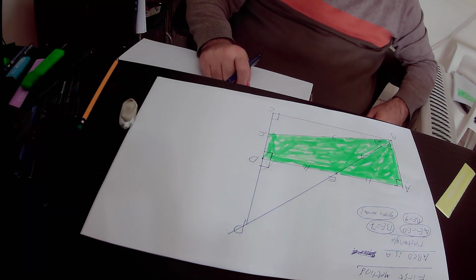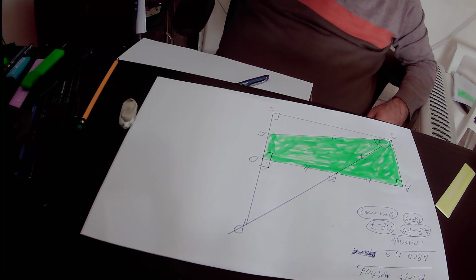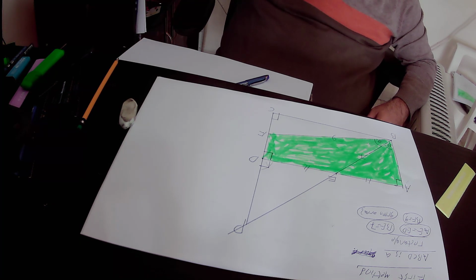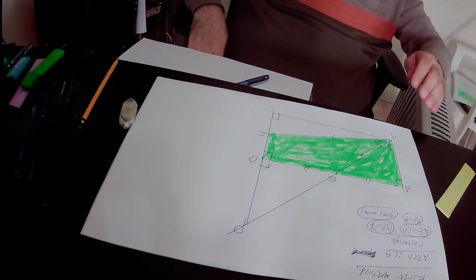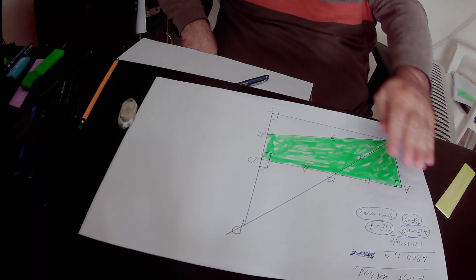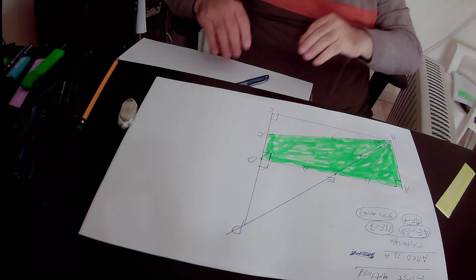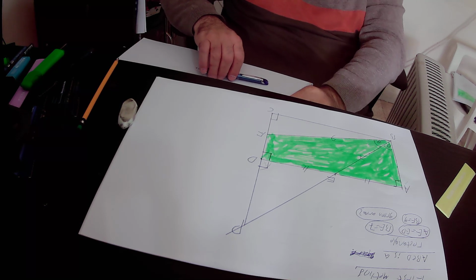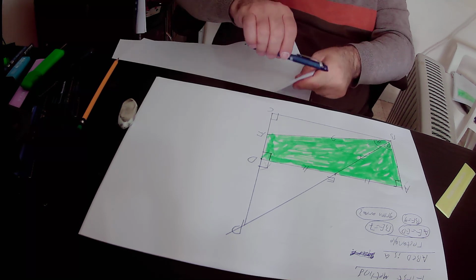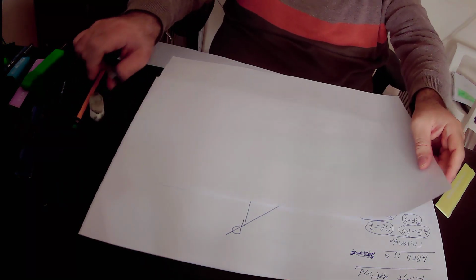And we also know that the opposite sides of a rectangle are parallel to each other. That is to say AB is parallel to CD. So we can write down that AB is parallel to CD.